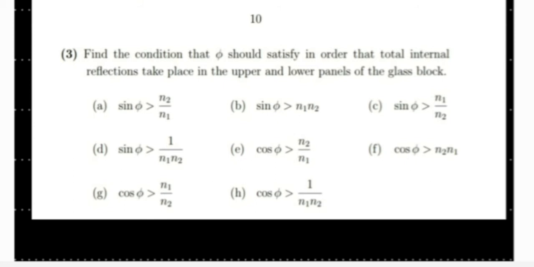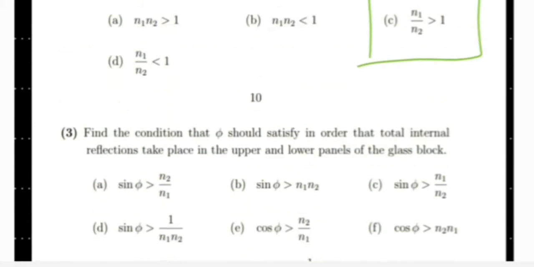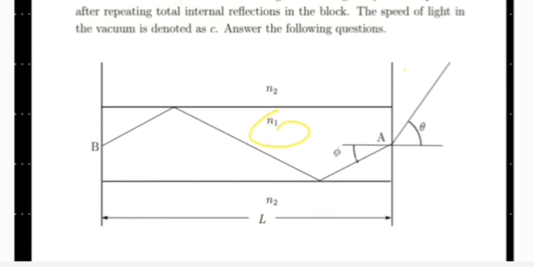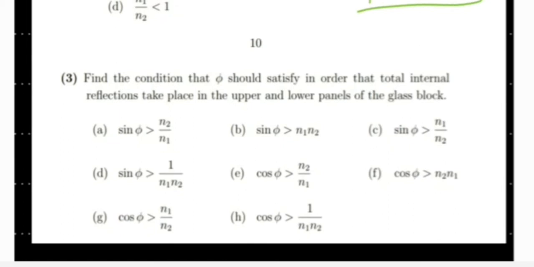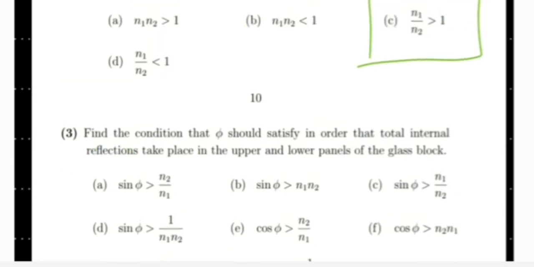So what is he trying to tell us? He's telling us the condition that this must satisfy for the total internal reflection to occur.